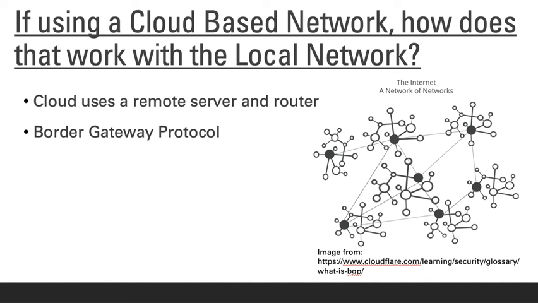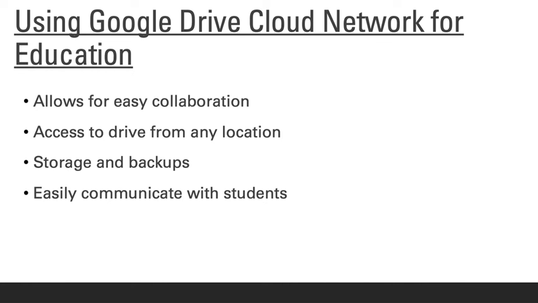A border gateway protocol can be thought of as a bridge or the postal service. Now, we also call the border gateway protocol BGP for short. The BGP manages how information gets from network to network.